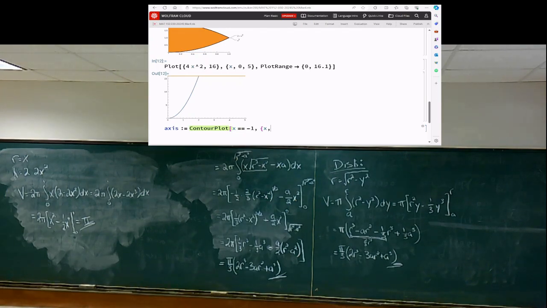Let's set x to be -1.1 to 2. I'm going to go out just a little bit further, 2.1. Y, 0 to 16.1. There's a reason I'm going just a little bit beyond what I need, just so I can guarantee that I can get the region to actually fully show on the axis.